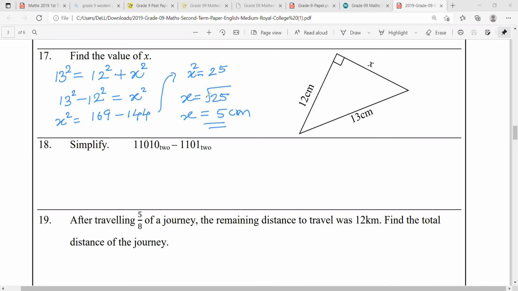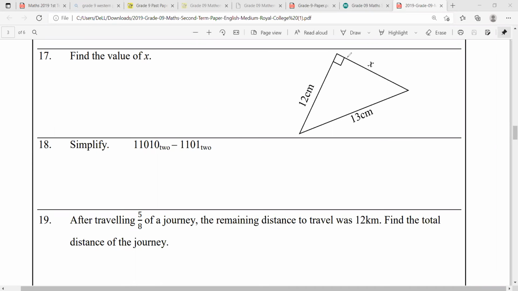And here you have to subtract a binary number, so we'll do it this way. 11010 minus 1101.